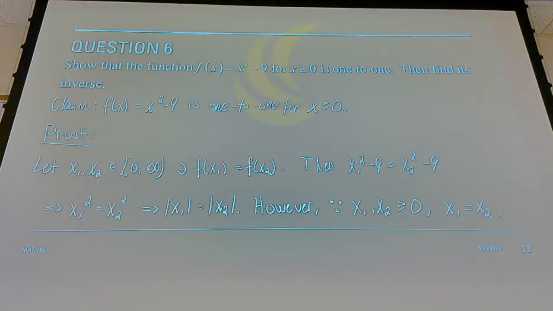Again, the only time that the absolute value of x1 equaling the absolute value of x2 is true is if x1 and x2 have the same magnitude, but just possibly different signs. Right? So negative 5 and 5 would have the same absolute value. But we removed the negative numbers. Thus now it's impossible to have two different values.